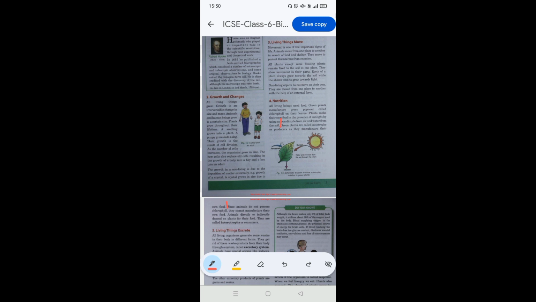That is, autotrophs are nothing but organisms which prepare or manufacture their own food. Right?